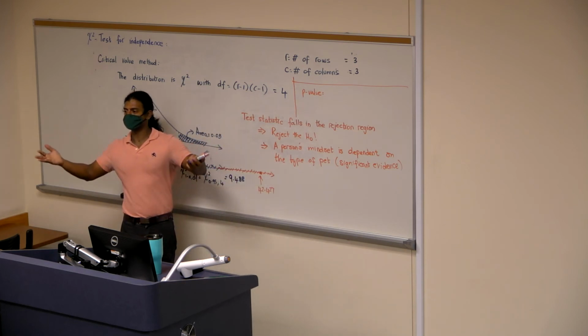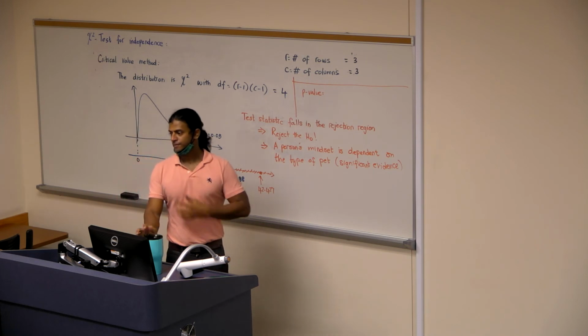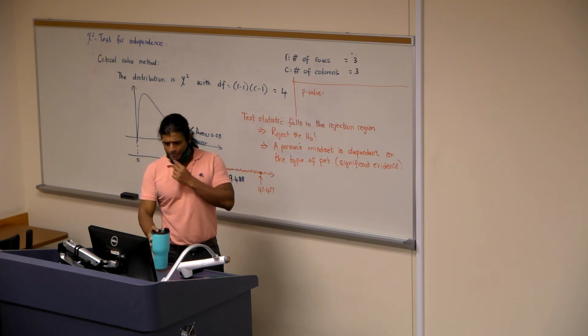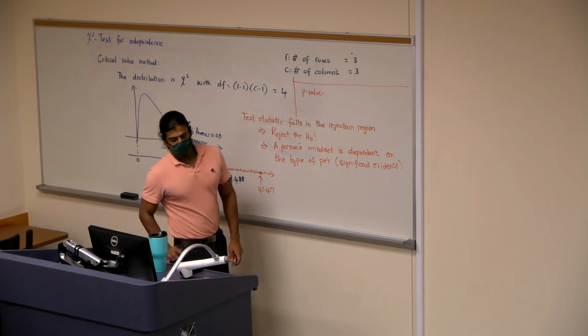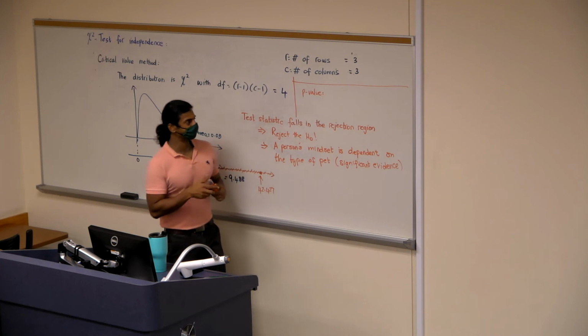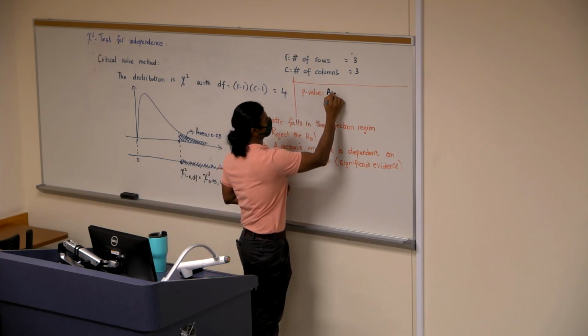How did we find the p-value last time? The chi-square test is always right-tailed. So the p-value here is the area above the test statistic.